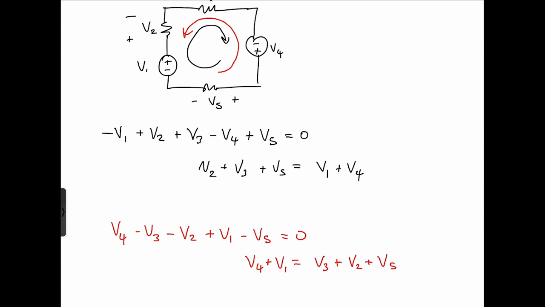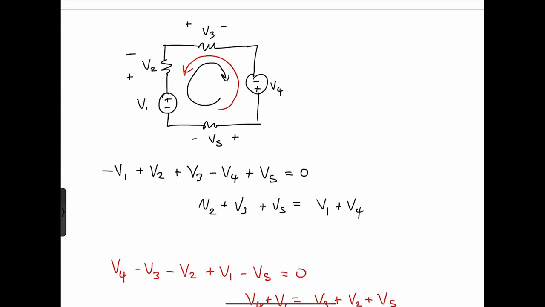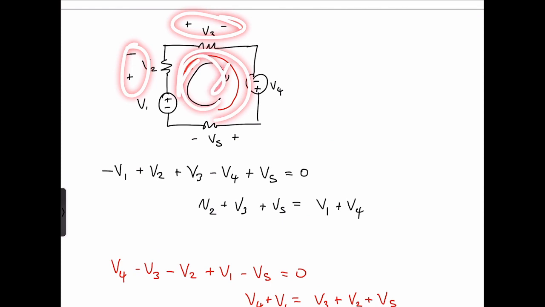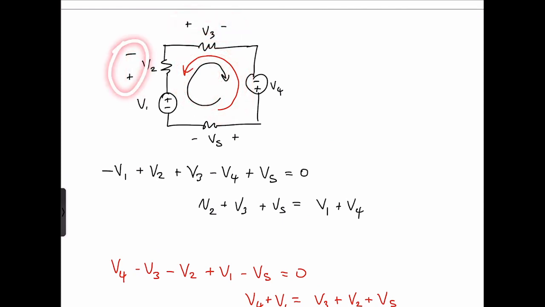So after we apply counterclockwise, we're not supposed to just change the polarities to analyze in the clockwise direction. Once we choose the polarities, we maintain those and then just analyze the circuit.